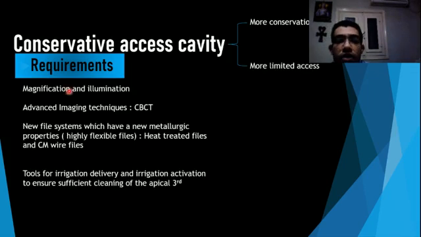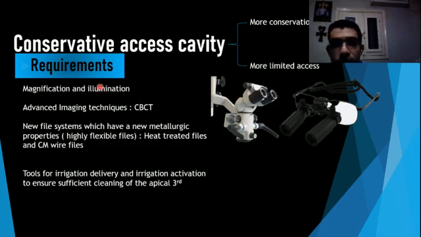First, magnification and illumination. Magnification is very important when performing the conservative access cavity, and it's better not to think about doing a conservative access cavity without having a good source of magnification and illumination, because for sure having a narrower and more limited access will make you unable to see all the details, all the root canal orifices.